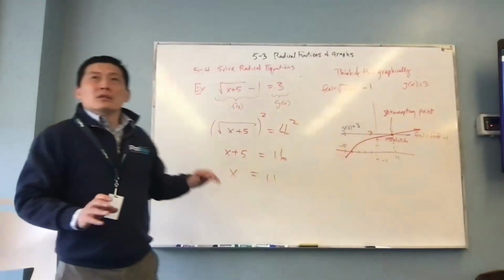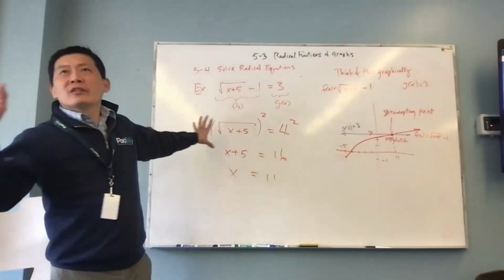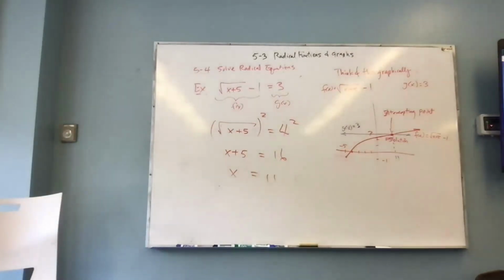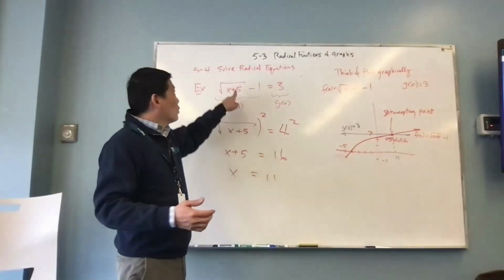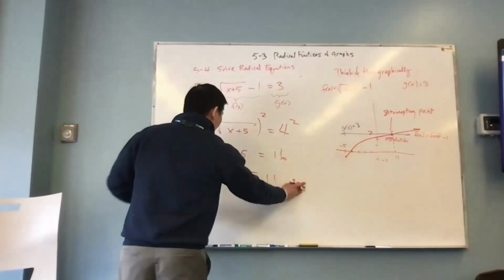The reason why is this: whenever you square something, you have fundamentally changed the equation. So you always have to check and see if this number is going to work in the original equation. We have to always check.